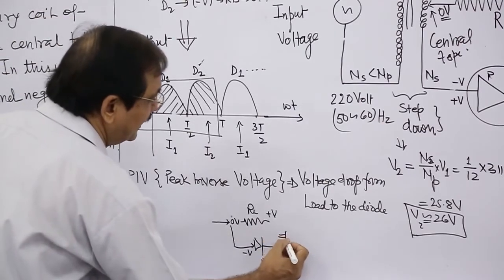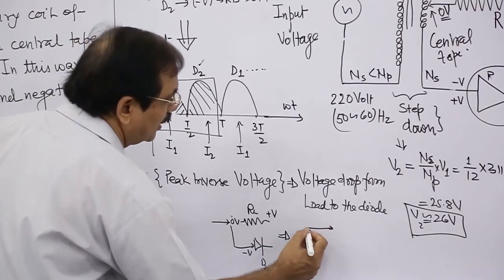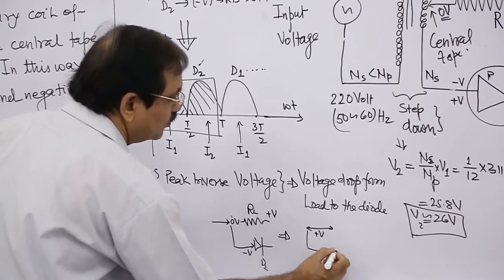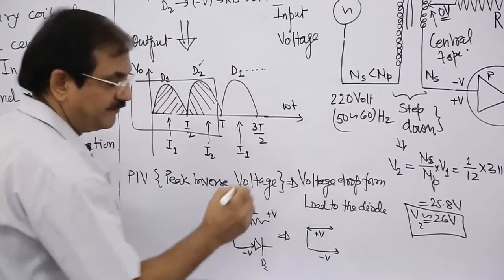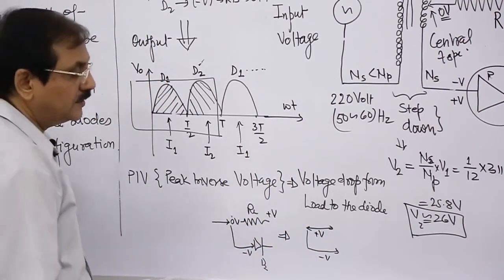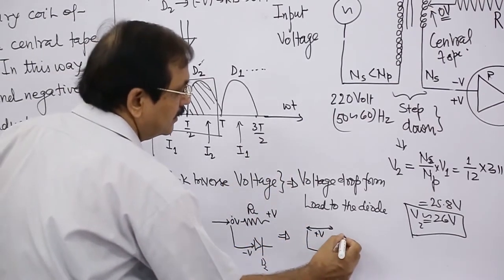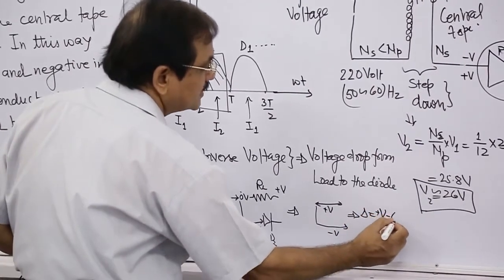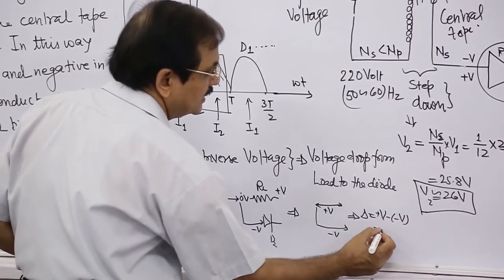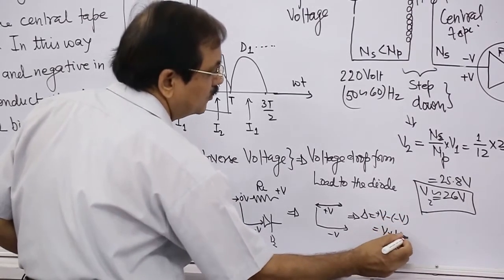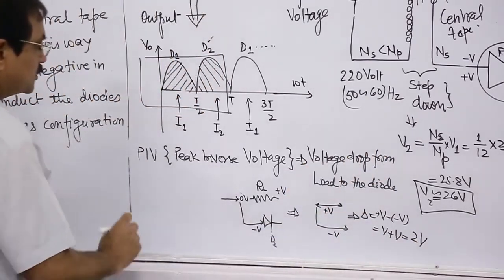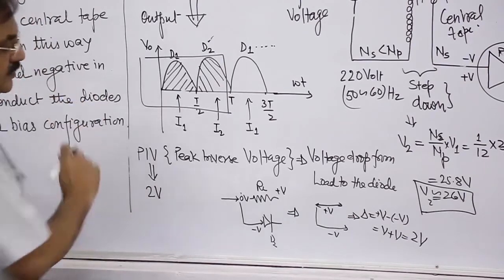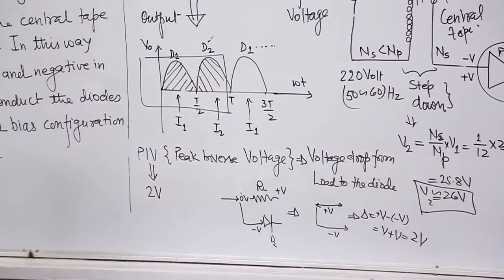We can simplify to observe that this one is voltage positive V, and here it is another voltage, negative. So, the difference is positive V minus minus V, that is V plus V, which is 2V. So, the peak inverse voltage is 2V.